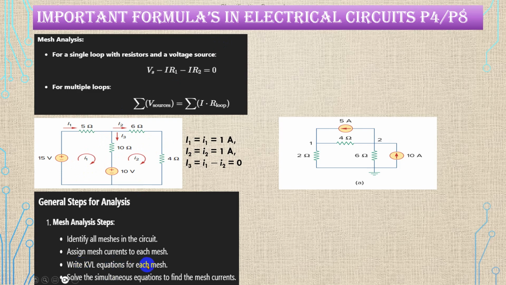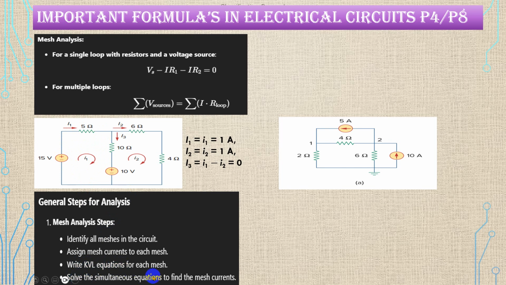Next, write the KVL equation for each mesh. When the loop comes into the picture, which law applies? Kirchhoff's voltage law, KVL, which means the sum of the voltages in a particular loop is equal to 0. They may be source voltages or voltage drops. So these are the equations we have to write in KVL format.